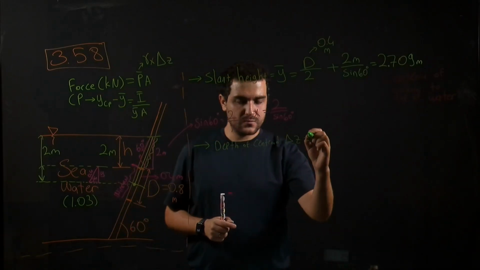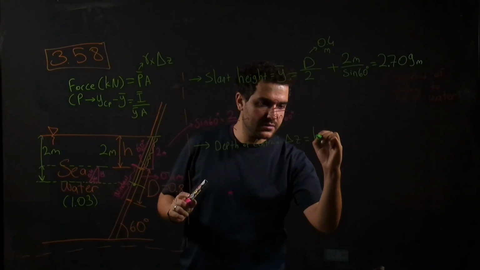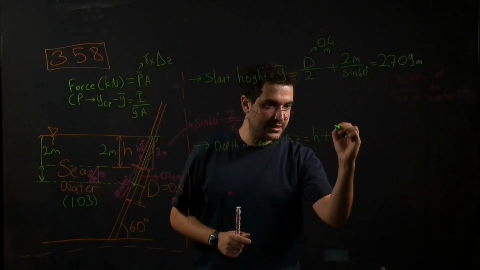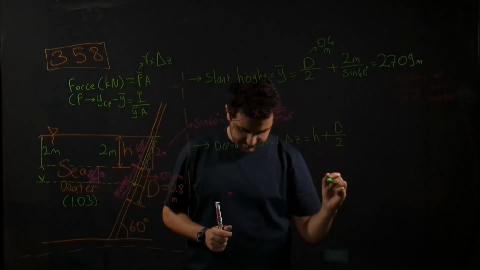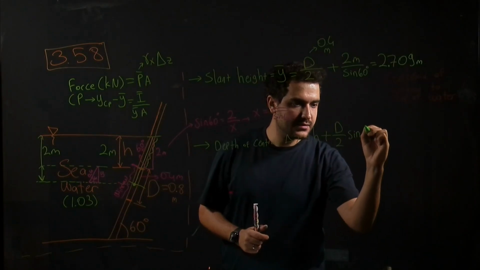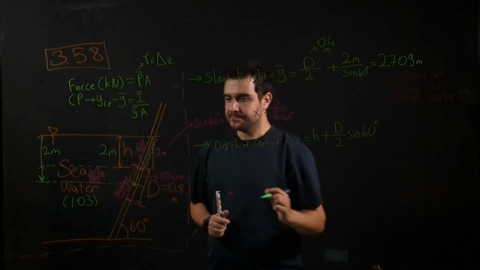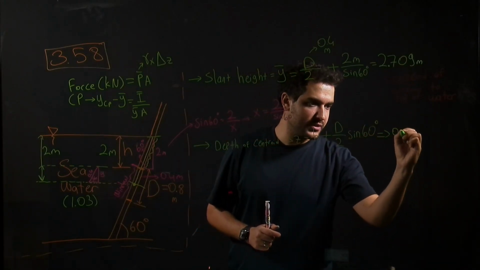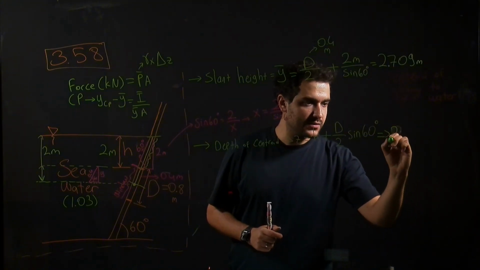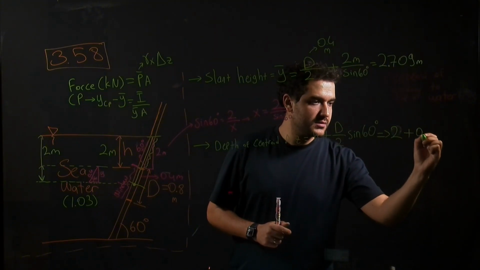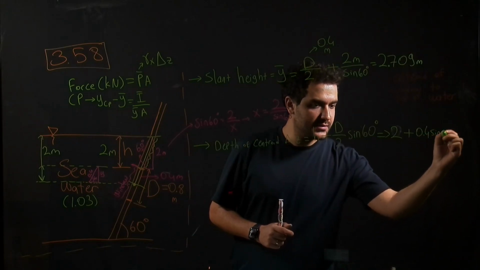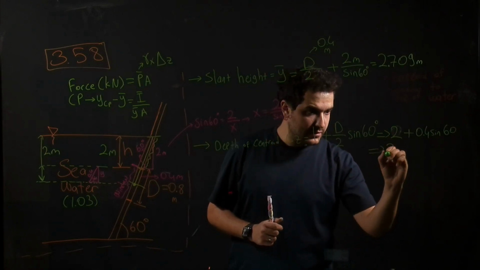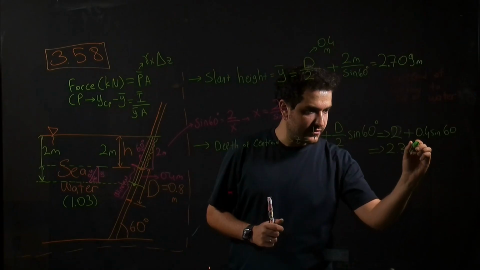So we will have h, which is 2 meters, plus d over 2 sin 60. Or we can say 2 plus 0.4 sin 60, and this is equal to 2.346 meters.